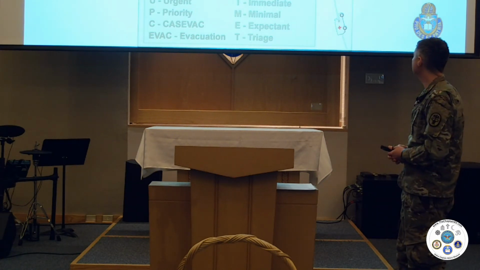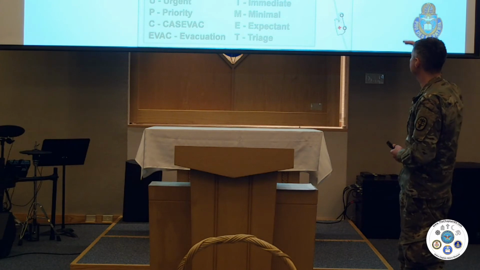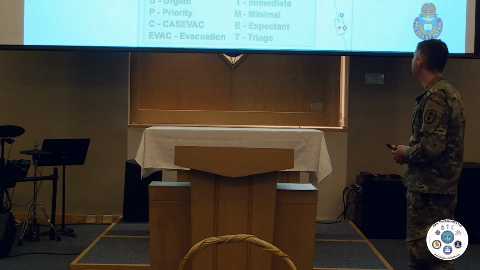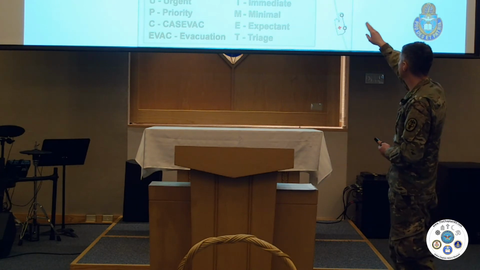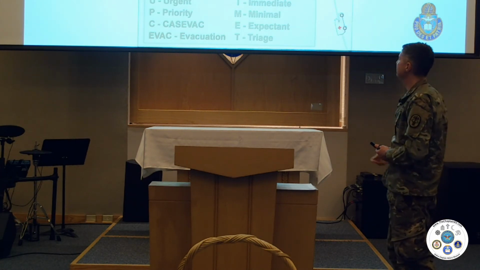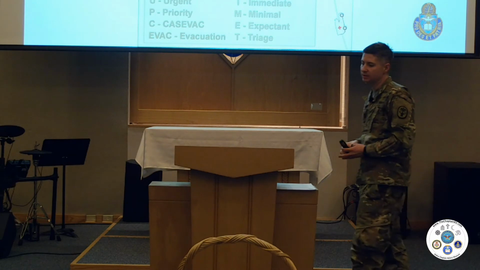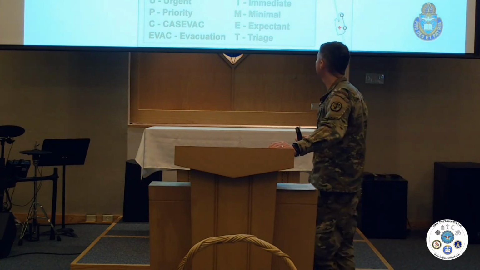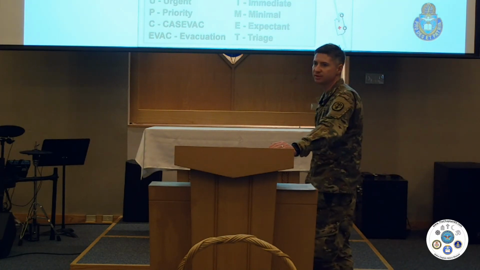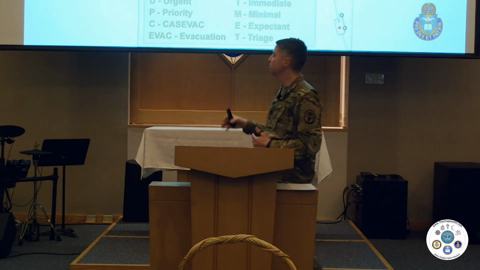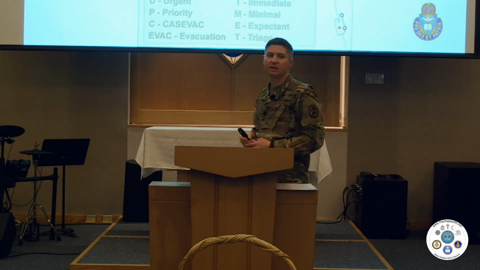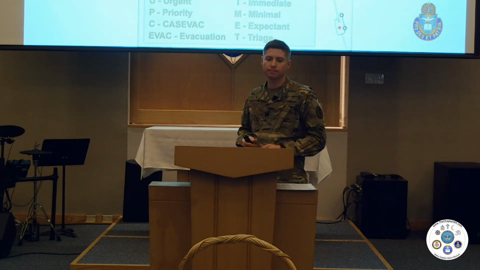You can see the different levels of triage there with delayed, immediate, minimal, and expectant. And then different treatment possibilities inside of this tactical treatment center, and then the evac options. Of course, here it would look a little bit different, but it's the same basic concept no matter where you are.